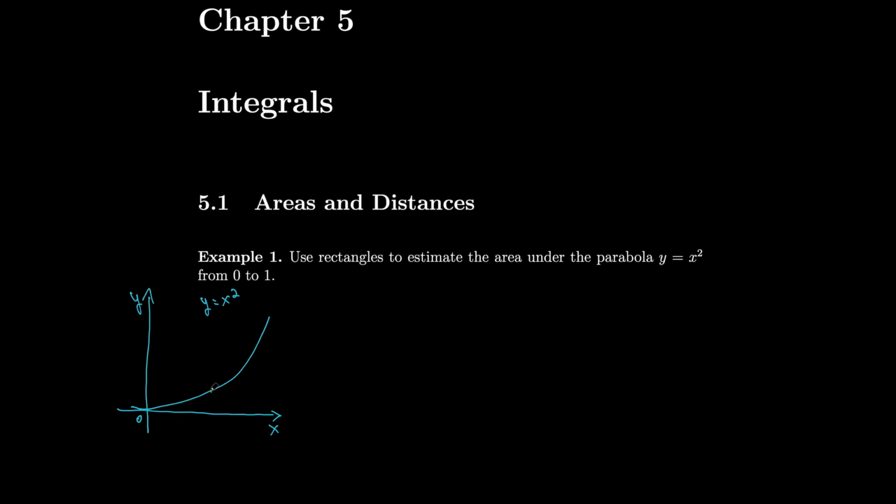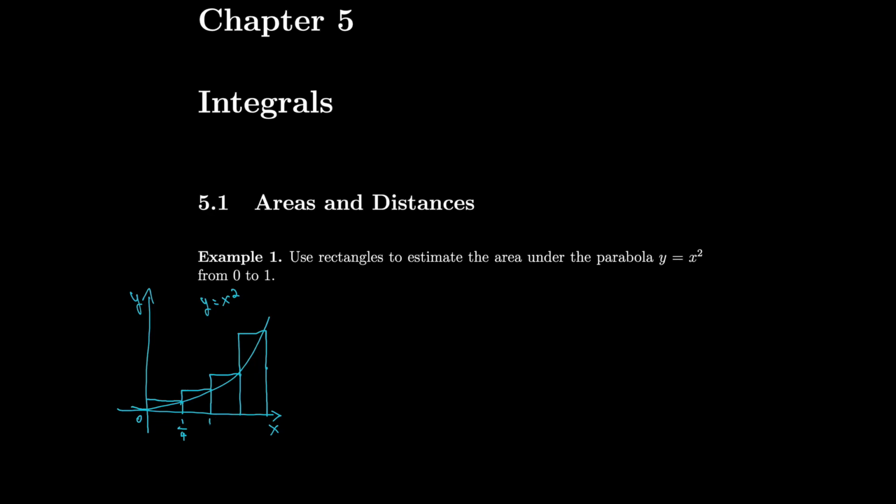So here's a half, here's a 1/4, so here's my first one, second one, third one, and 4th one. So for each of my rectangles, I make it so that the height of the rectangle is the point on the right side. So in this case, the height is the point at the x value of 1/4.